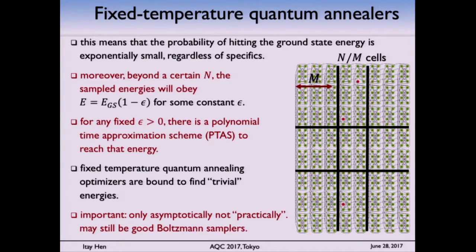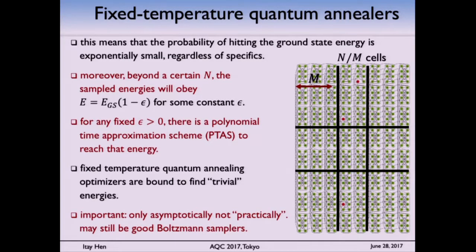But the problem becomes exponentially easier, and so there is a PTAS algorithm that actually generates the same energies that D-Wave generates. It's important to stress that it's not the same sampling distribution. These quantum annealers may be very good Boltzmann samplers, but as far as energies are concerned, fixed temperature quantum annealers are bound to give us trivial energies in that sense.